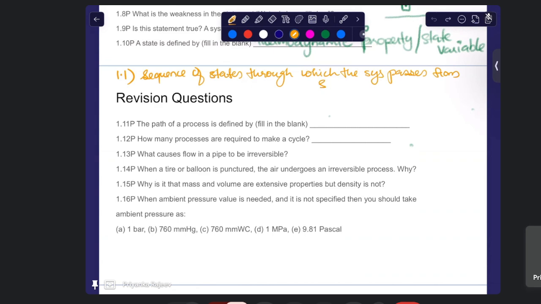Okay, I'll write initial to final state.